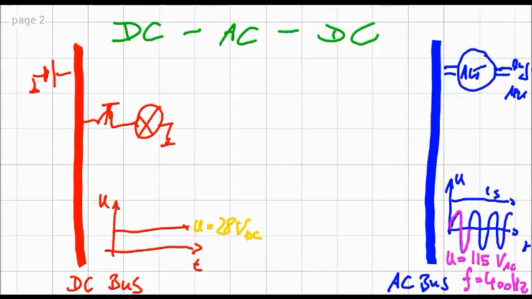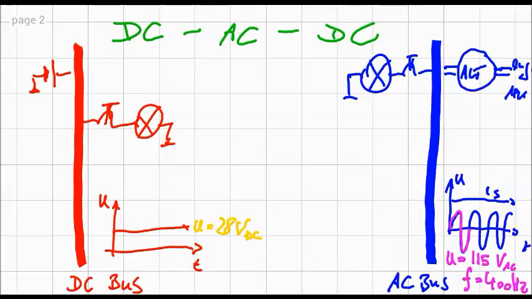Okay, and we can do the same. In fact, we can do the same as we do at home. We can drive another lamp, for instance, through a protection device again. We have here our lamp, and we have the same effect like on the DC side.